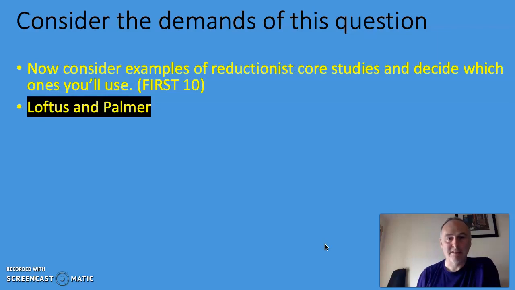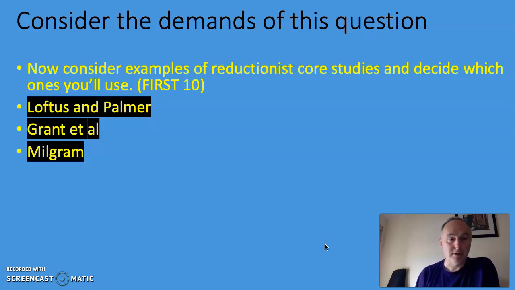Loftus and Palmer, fantastic to use. Why is it reductionist research? Well, think about it. We're just looking at the effect of leading questions, aren't we? Just one level of explanation. Grant et al., again from the cognitive area, just looking at one level of explanation, the effect of context on recall. Milgram. Now, why is Milgram a reductionist piece of research?